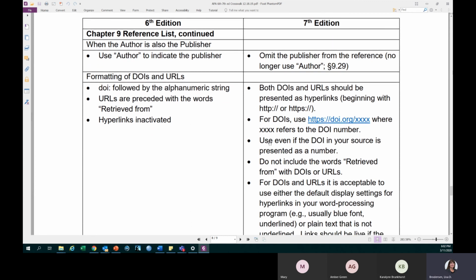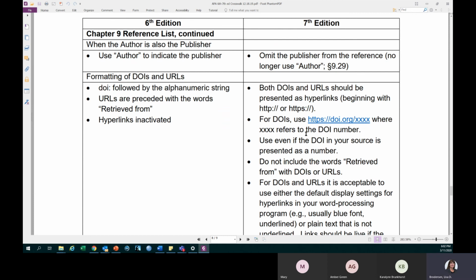DOIs, whereas they used to be included in reference list entries just as DOI typed lowercase followed by a colon and then followed by the DOI number. Now you're supposed to use the URL format DOI. So that was a common problem that I saw.